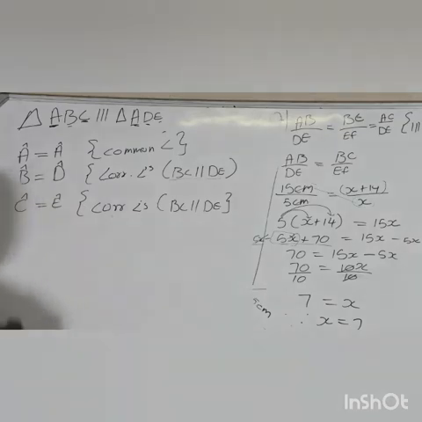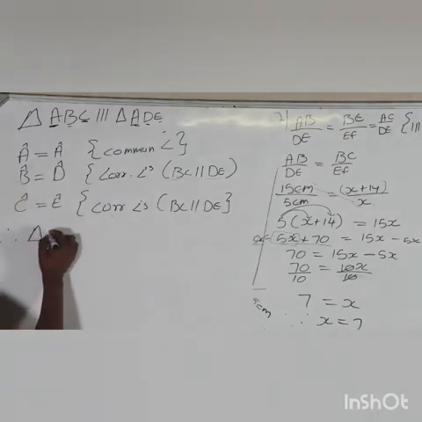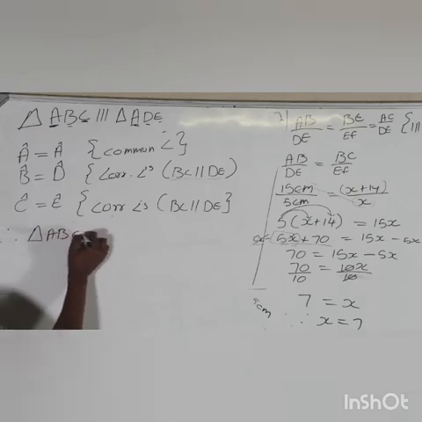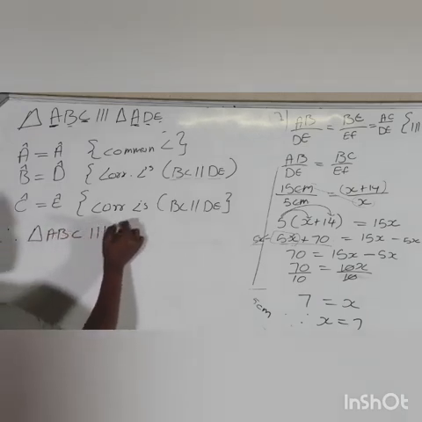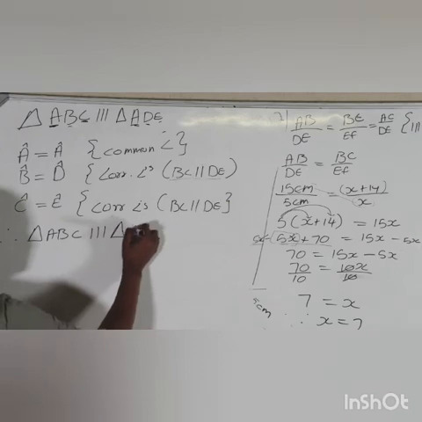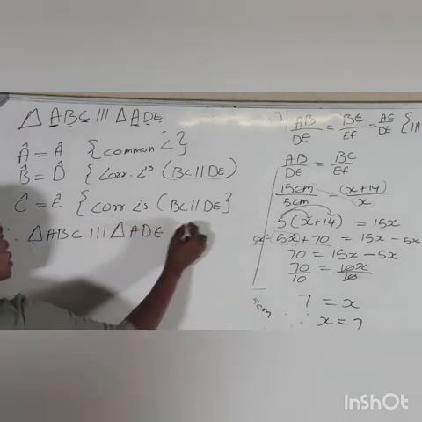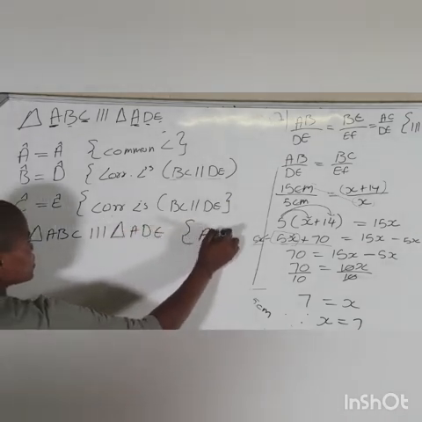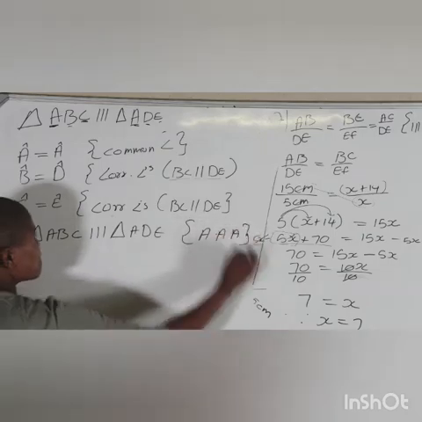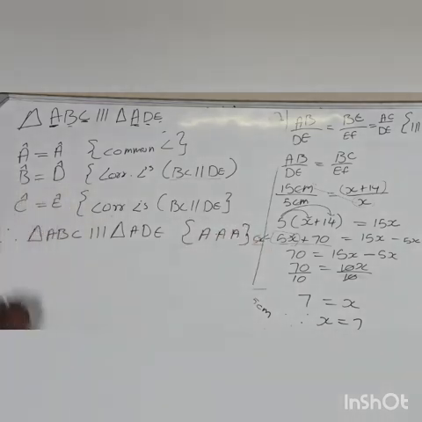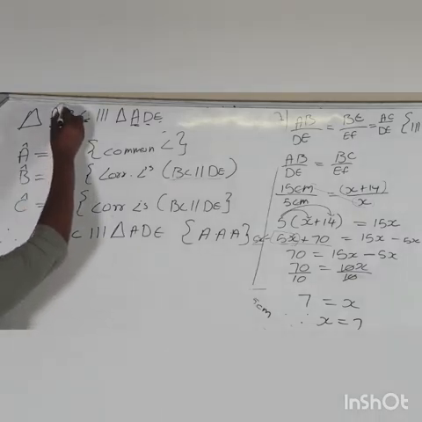Okay, therefore I will conclude: triangle ABC is similar to triangle ADE. Why? Angles. We've got three angles that are equal. And therefore I indicate that sides are in proportion.